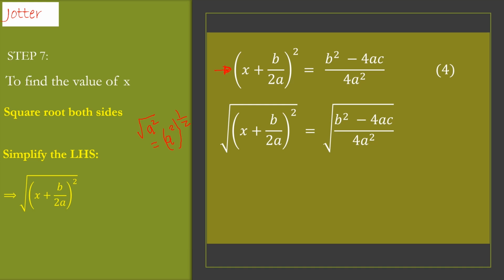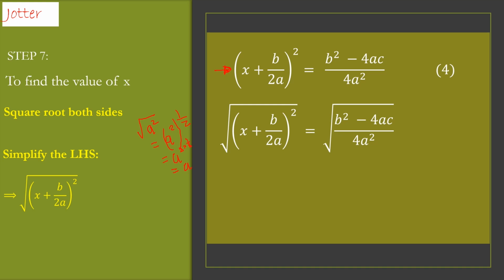So in that case, we have a squared times half. So 2, we take 2 out, and that will become a. So the square root of a squared is a.